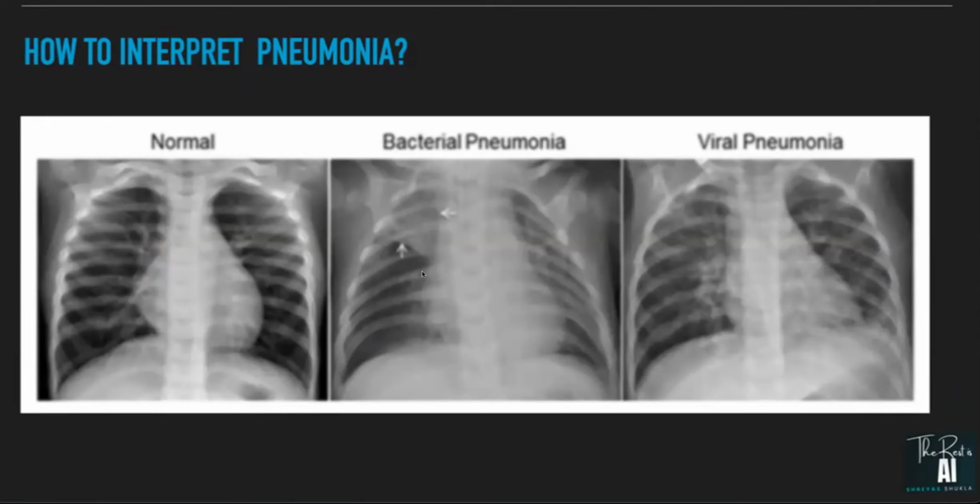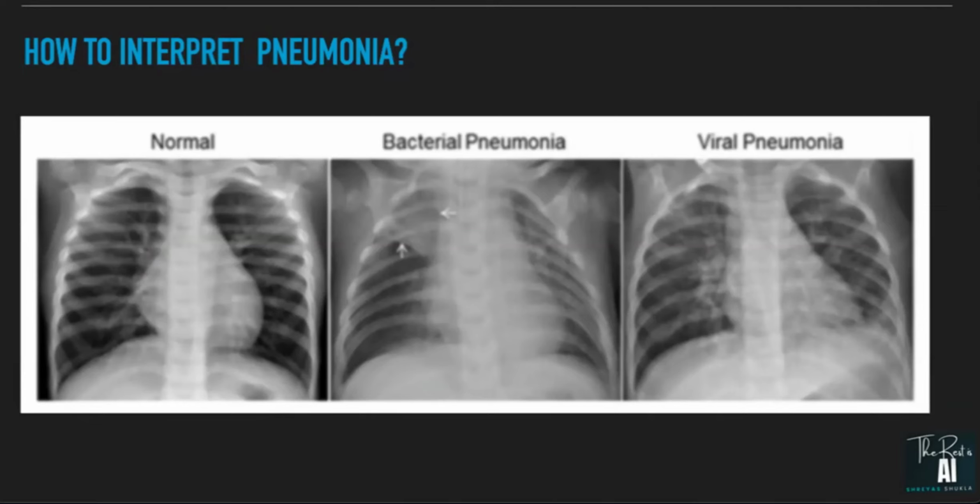But then there is a third one, viral pneumonia, which looks different here. You can see that instead of a single dense spot or a single cloud, there's a lighter, more scattered hazy pattern that spreads across both lungs. This happens because infection affects the lung tissue more broadly in the case of viral pneumonia.